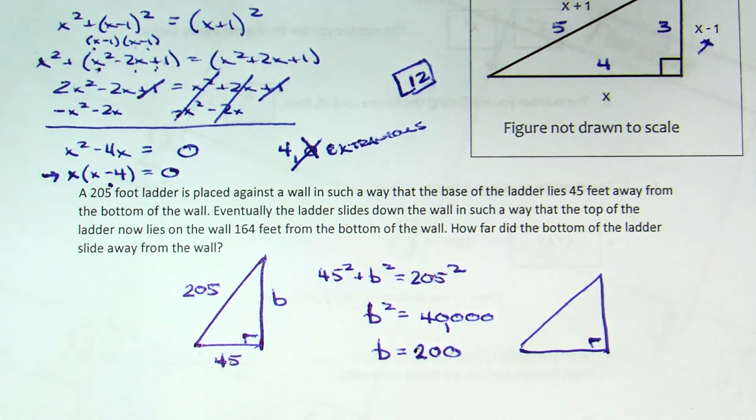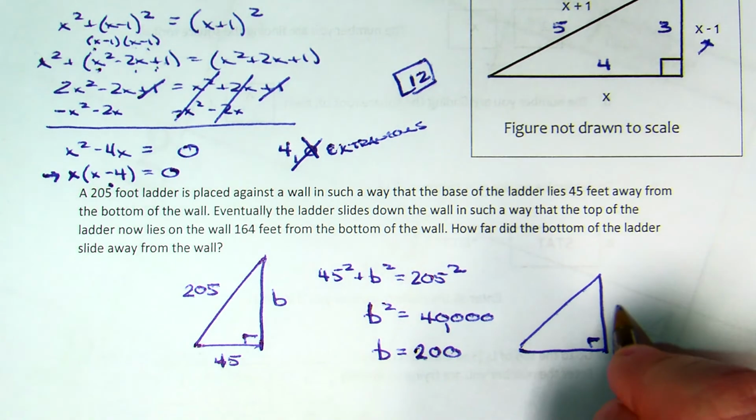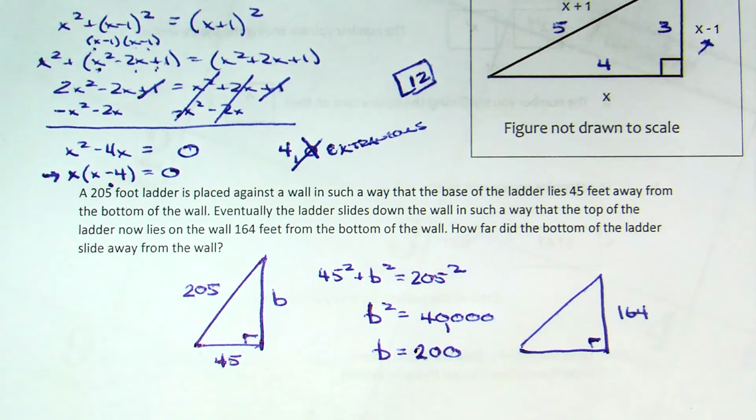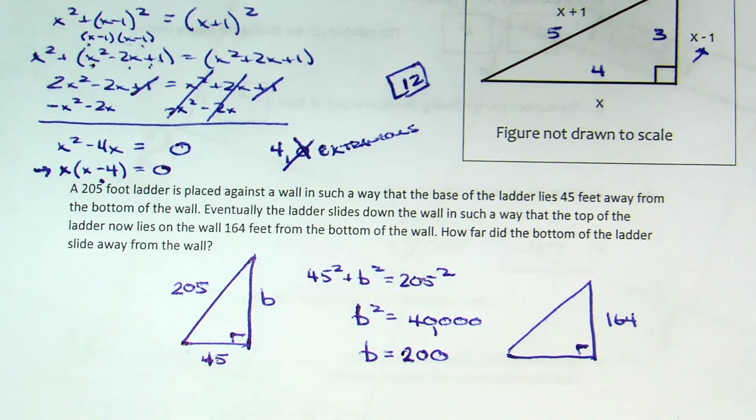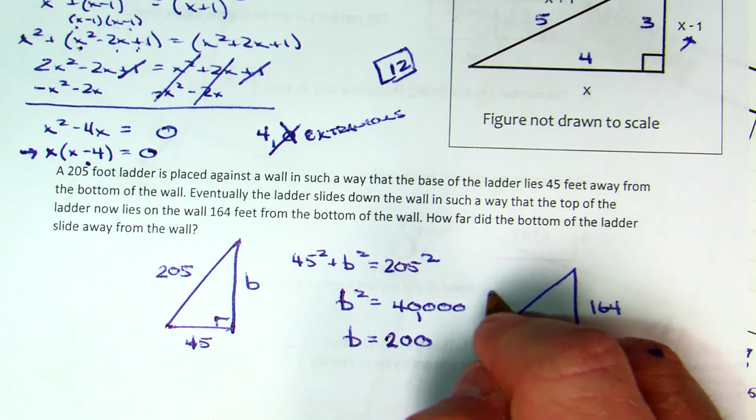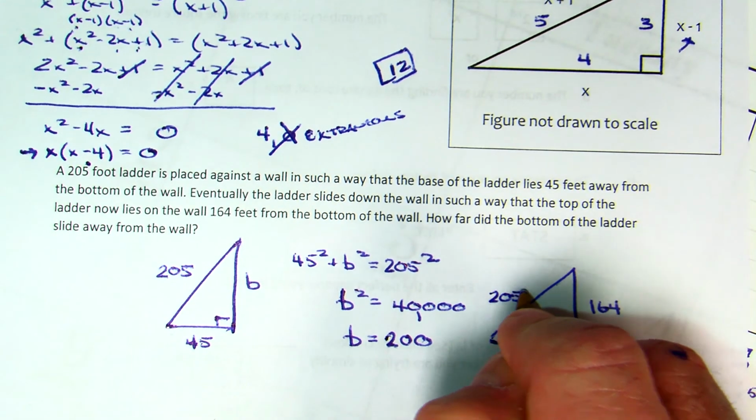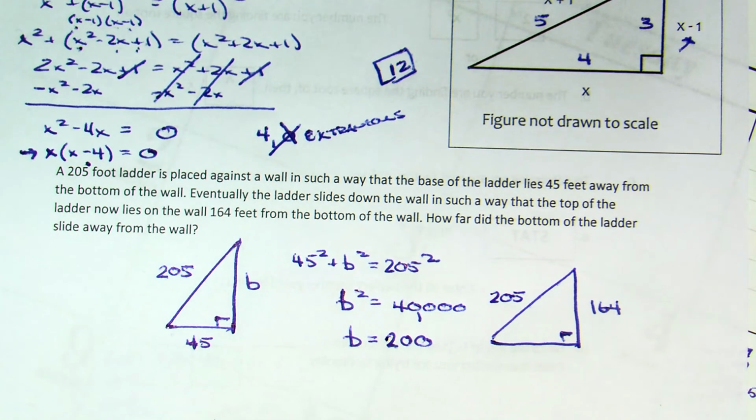Now, the ladder slides down the wall in such a way that the top of the ladder now lies on the wall 164 feet away from the bottom of the wall. Is the ladder still 205? You betcha. What theorem, once again, do you have to use?